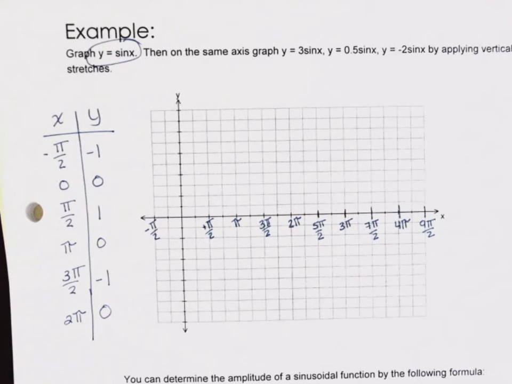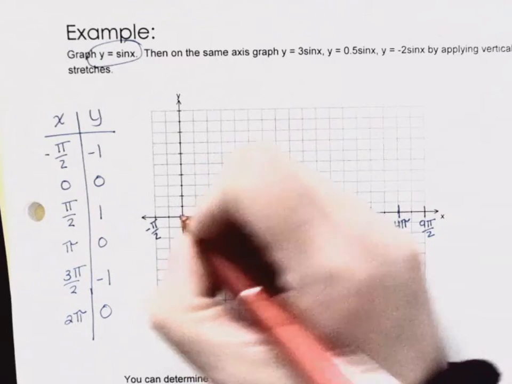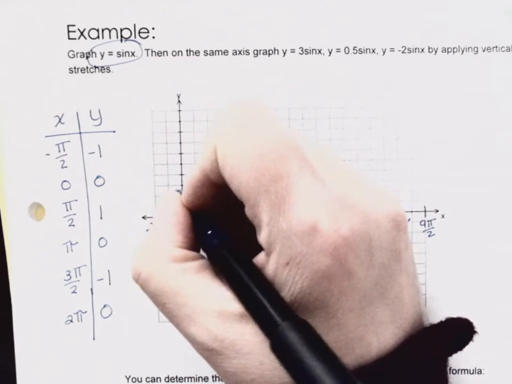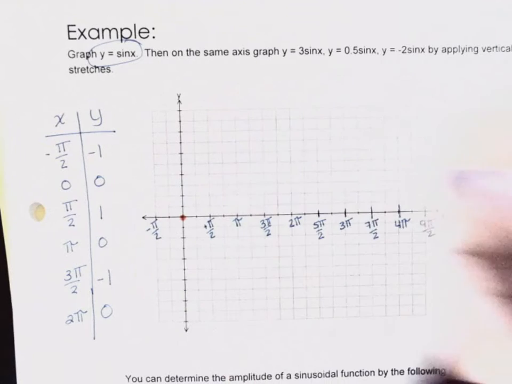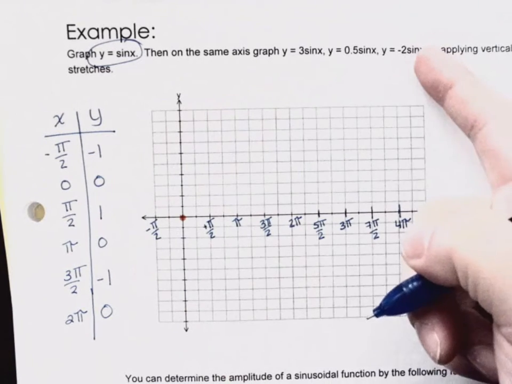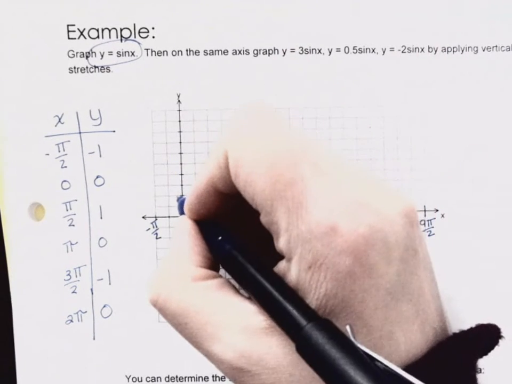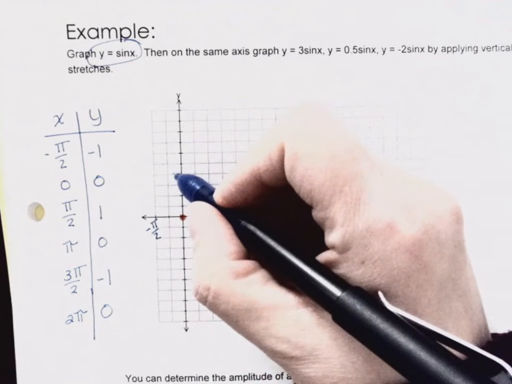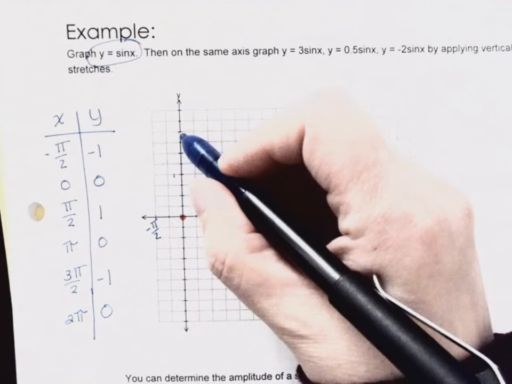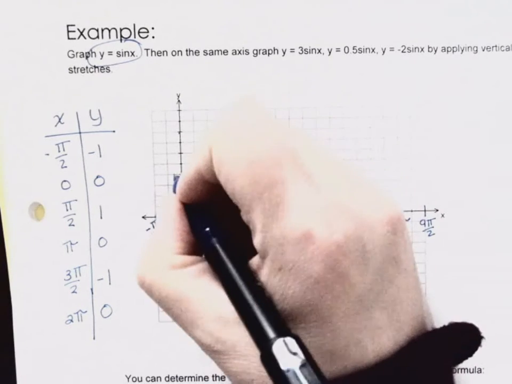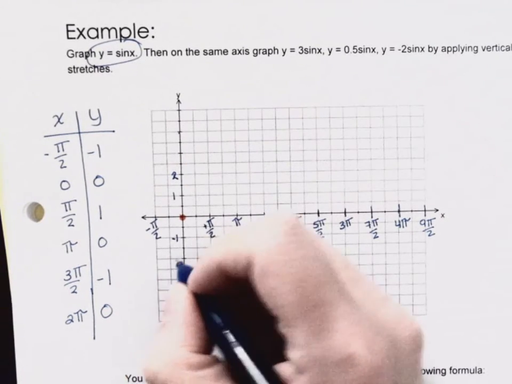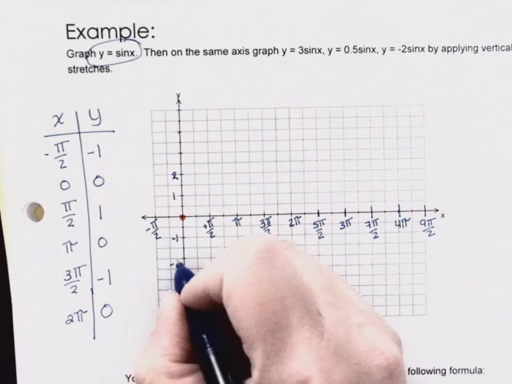Okay, let's graph this. Oh, I didn't do my y-axis. Where am I going? 1, 2, 3. Oh, that won't work. So 1, 2, negative 1. Just roll with me on this one.